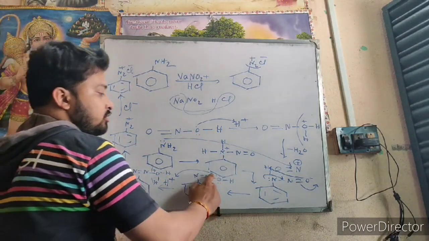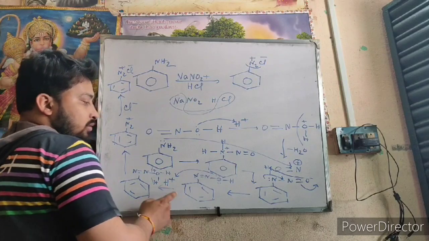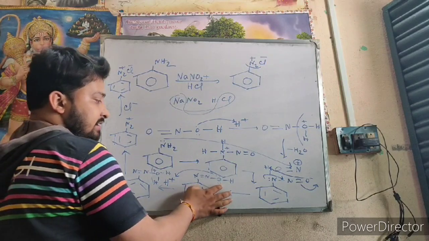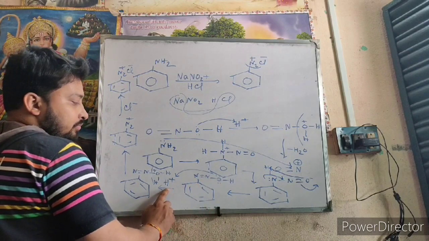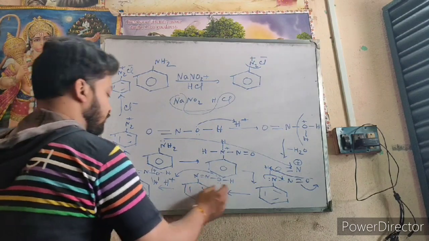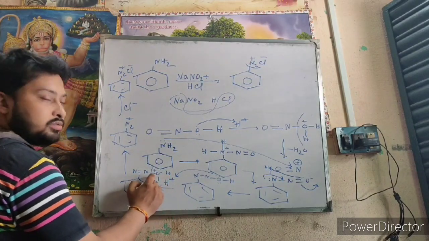As oxygen has a lone pair, and we know when it reacts with acid or H plus, it tends to attack the H plus. So the lone pair attacks the H plus and it forms H2O. And we came to know that H2O is a good leaving group.